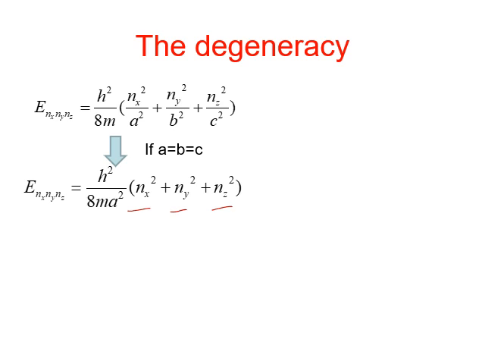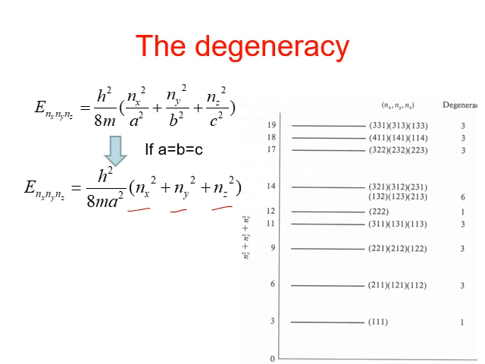These are three quantum numbers. Here is a plot of the energy levels. The lowest energy is when quantum numbers nx, ny, and nz are all 1. This gives you the lowest energy. Again, this is non-zero, so it's a zero-point energy.